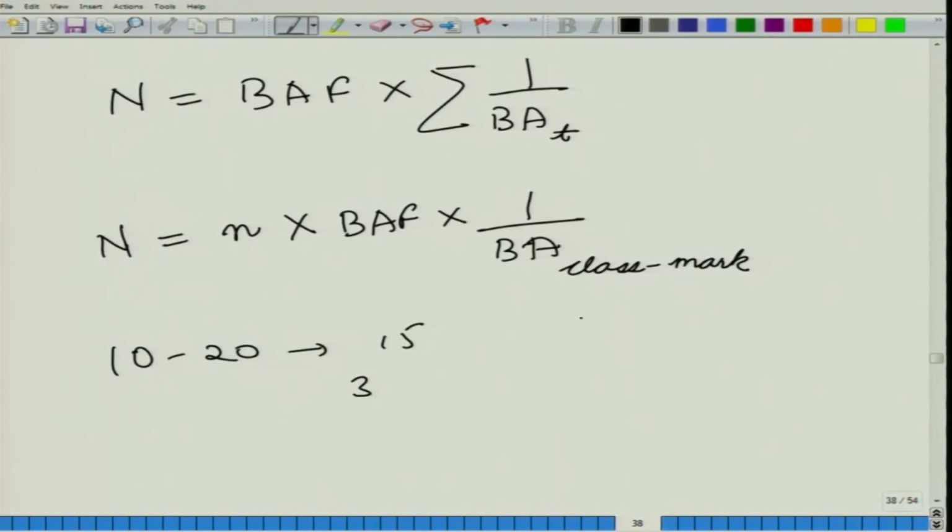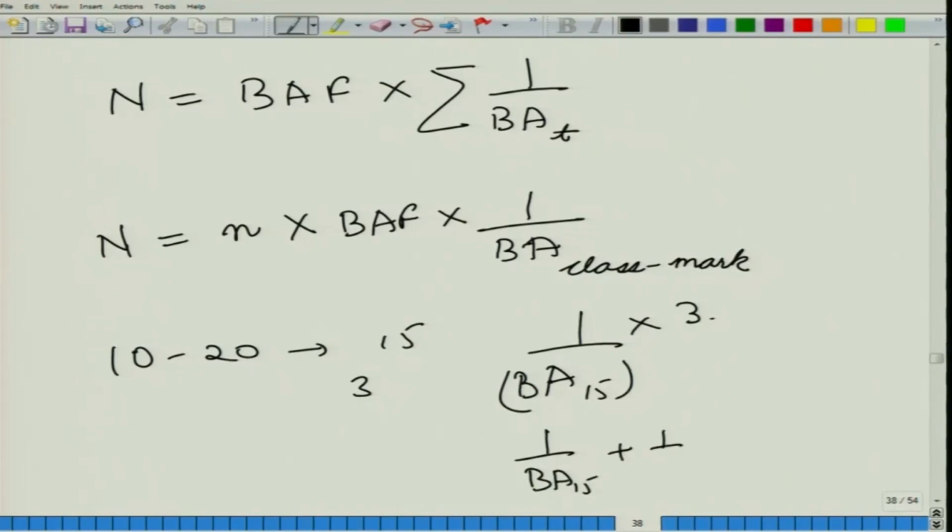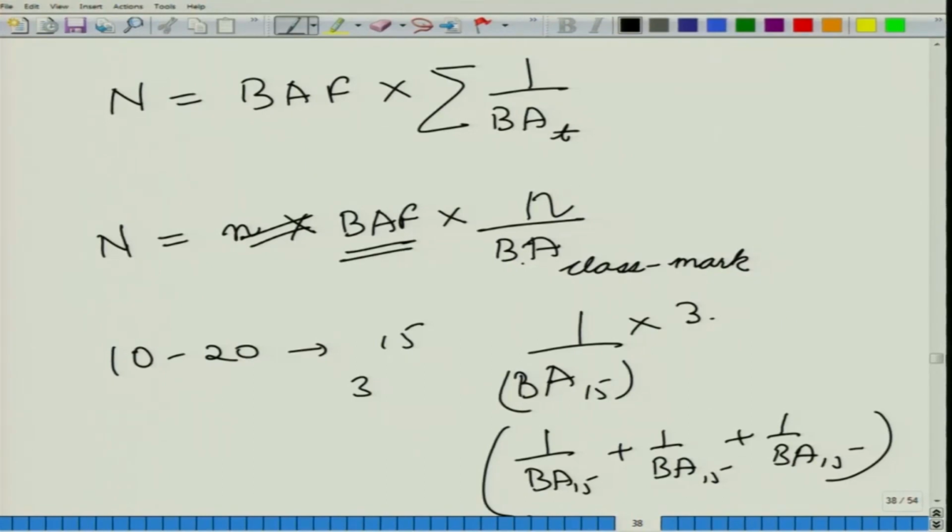So we will have 1 upon the basal area for 15 multiplied by 3, which is essentially equal to 1 upon basal area 15 plus 1 upon basal area 15 plus 1 upon basal area 15. So let us rearrange this equation. We put n here, so it is basal area factor multiplied by n times 1 by BA, and here we have the sum of 1 by BA. These are essentially one and the same, to remember.